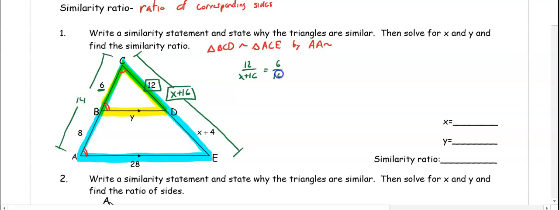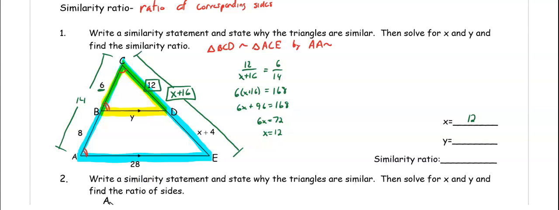So equals 6 over 14. So as we cross multiply here, we get 6 times x plus 16 equals 168. 6x plus 96 equals 168. We can subtract 96. 6x equals 72. When we divide, we get x is 12.